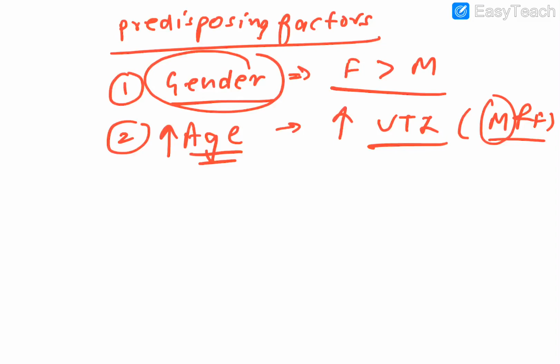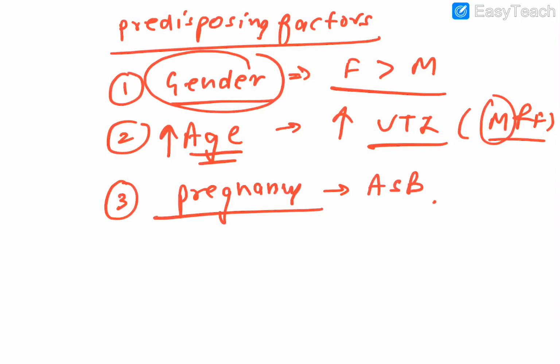So first is gender, the second is age, and the third one is pregnancy, which is a very important factor. In pregnancy, what mostly happens is termed ASB. And what is ASB? Asymptomatic bacteriuria. Asymptomatic bacteriuria, as such, is not showing any symptoms and signs. But it can cause a problem in the female and also in the child.